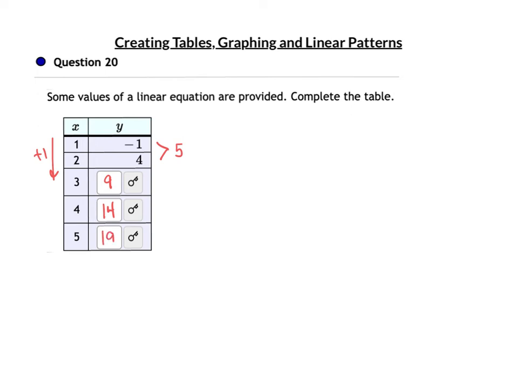And by 5 would be 19. A linear equation always follows the pattern of increasing by a constant. If that wasn't easy for you to see, notice if you take 4 minus negative 1 and you subtract them, you get 5. That 5 is what you're increasing by. Just subtract the 2.